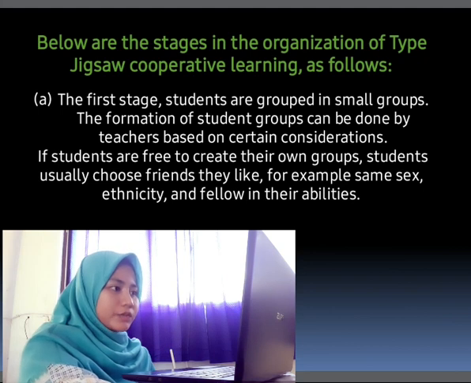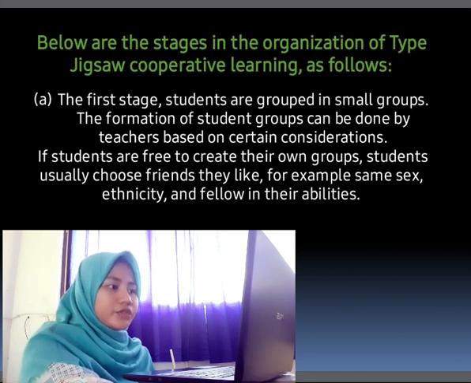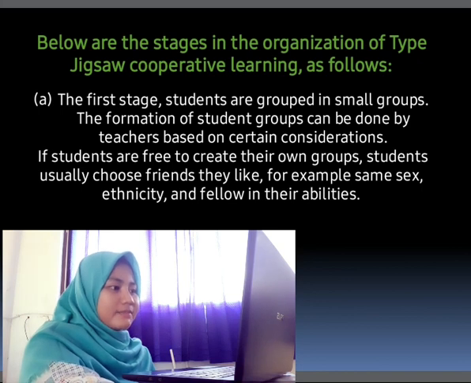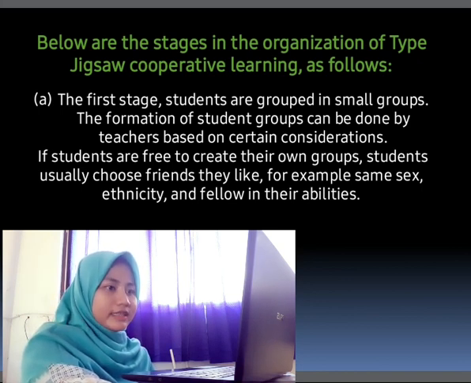The formation of student groups can be done by teachers based on certain considerations. And if students are free to create their own groups, the students usually choose friends they like. For example, same sex, ethnicity, and fellow in their abilities.